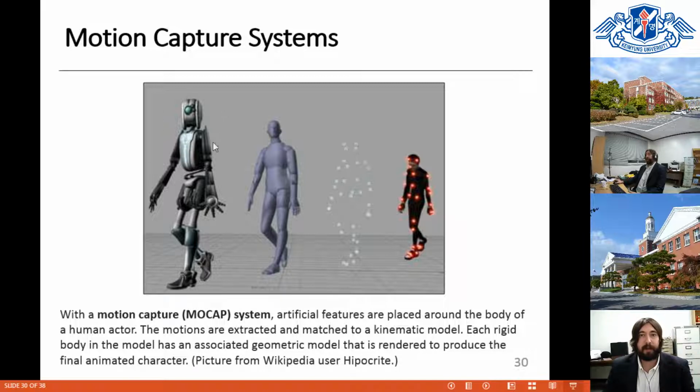So this is the final animated character. In most of today's animations, they usually do not animate the movements of characters. Instead, they use sensors on a human body, and a person tries to do some movements which will be afterwards mapped to his geometrical model.